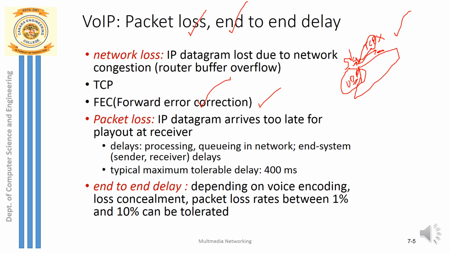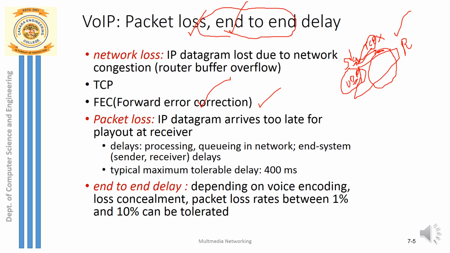Okay, so after that, the next type is end-to-end delay. So what is the meaning of this end-to-end delay? End-to-end delay is the varying delay between the sender and receiver, and this varying delay in the network is because of varying talking spurts.